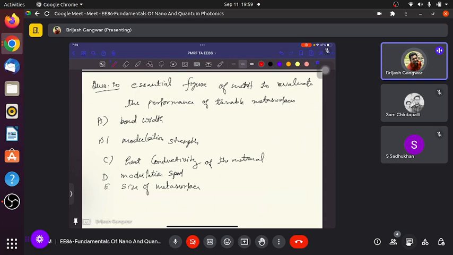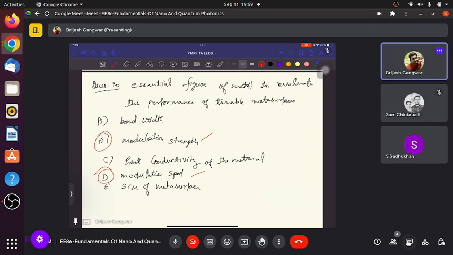So tunable metasurface you know, right? Yes, sir. So how will you define the figure of merit? Modulation strength you already mentioned, modulation depth and modulation speed. Both of them you have mentioned earlier. So these two only are the figure of merit.